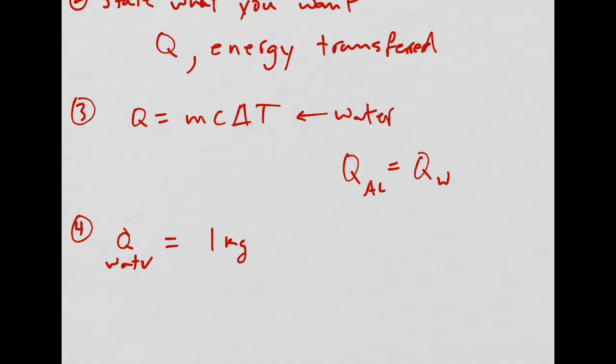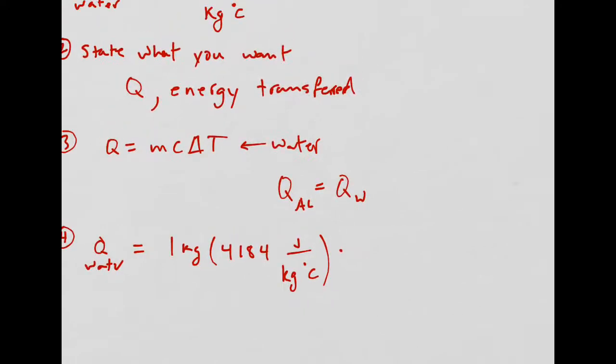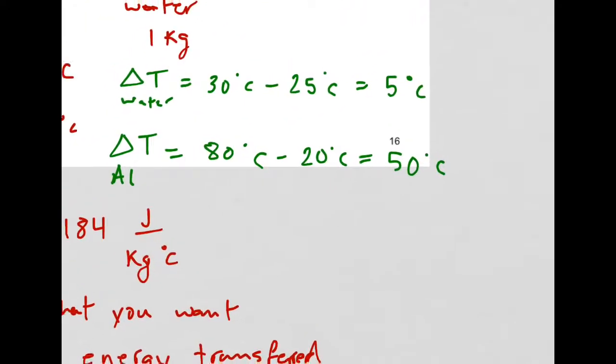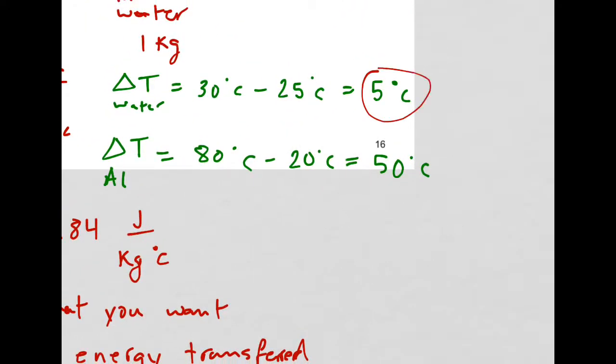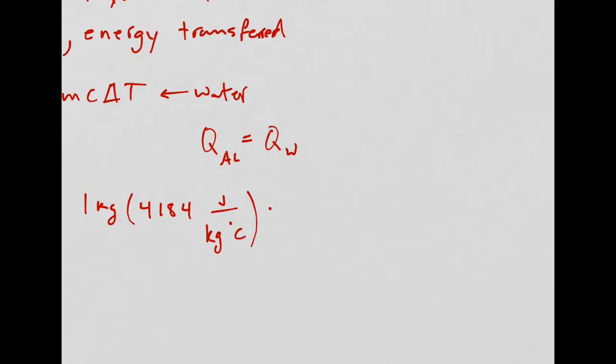And then the specific heat of water is 4,184 joules per kilogram degrees Celsius, times the temperature difference. And the temperature difference for the water was 5 degrees Celsius. So we multiply it by 5 degrees Celsius.